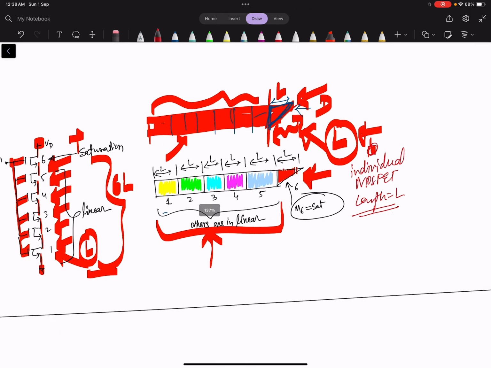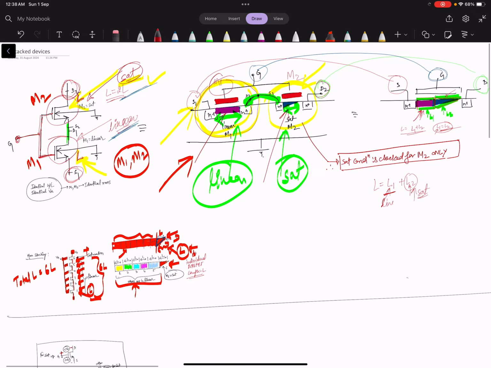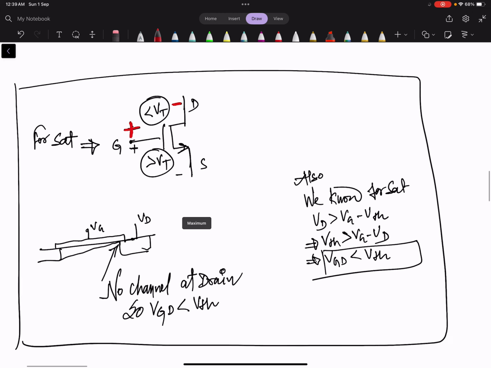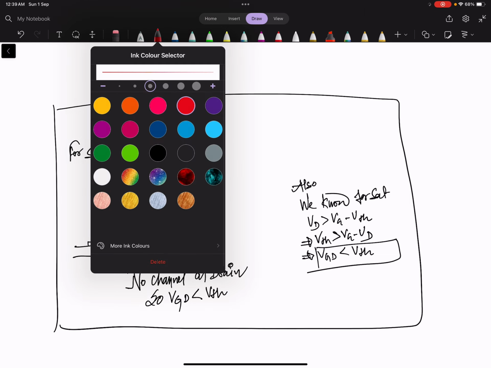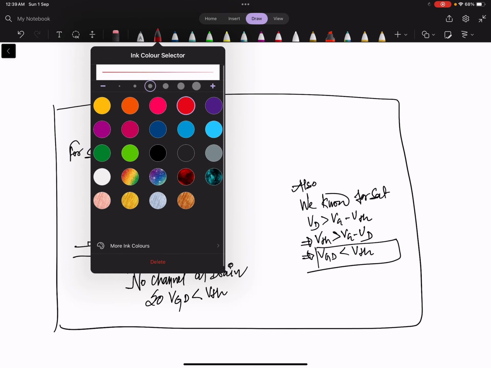Going forward, this is the way of visualizing in terms of the structure of the MOSFET. Now we will see in terms of voltage. Before that, I want you to visualize what the saturation condition of the device is.